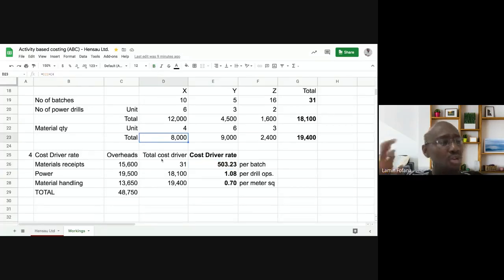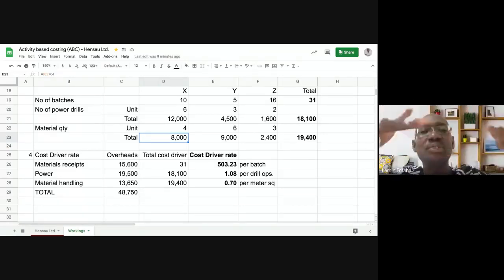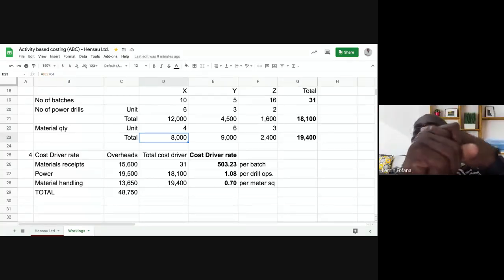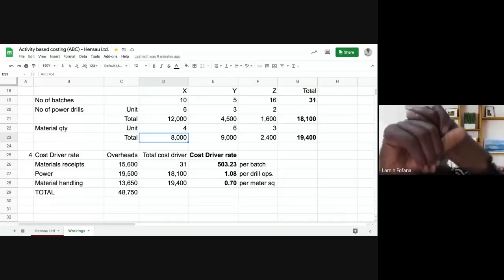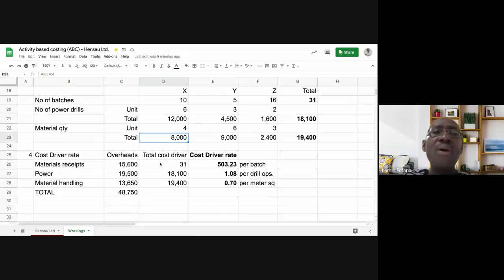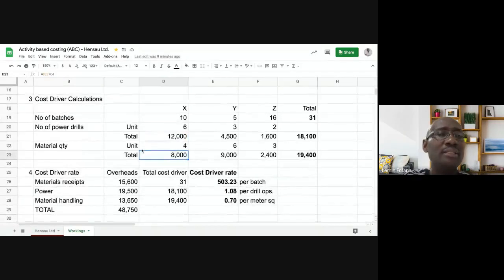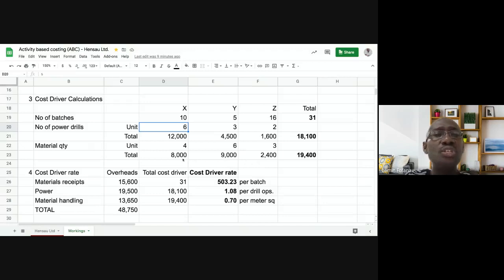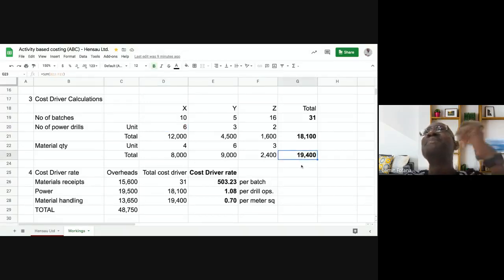Let's put it this way: if you are calculating your OAR in absorption costing, you consider two things, don't you? The first thing you consider is the overhead itself. The second thing you consider is the activity level. In this case, our activity level is what? The cost driver. The total activity level here is 19,400, and this 19,400 is meter square.